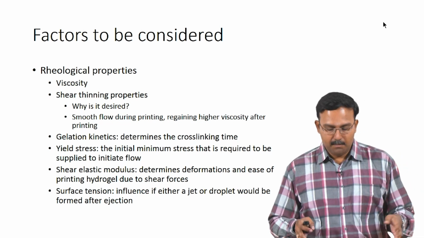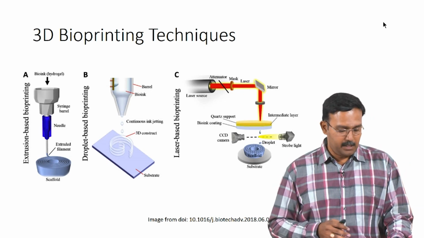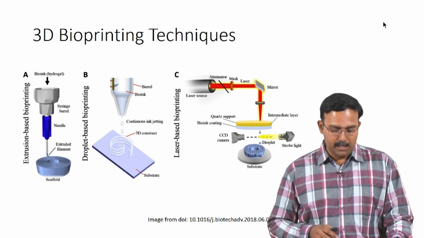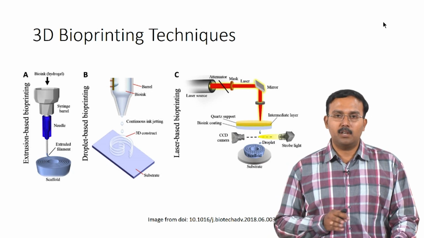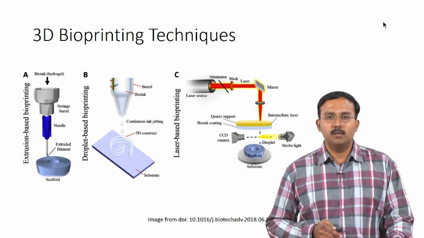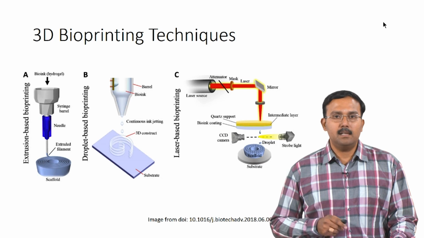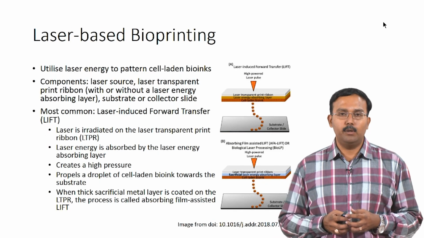These are the three major 3D bioprinting techniques: extrusion based, droplet based and laser based. I will actually be going in the opposite direction. I will first talk about laser based, then droplet based, and then extrusion based. Laser based uses laser energy to pattern cell laden bioinks.